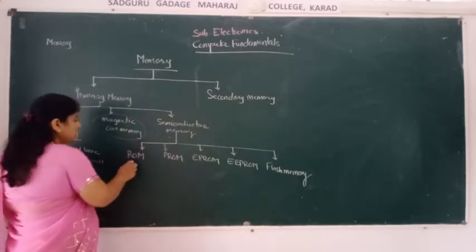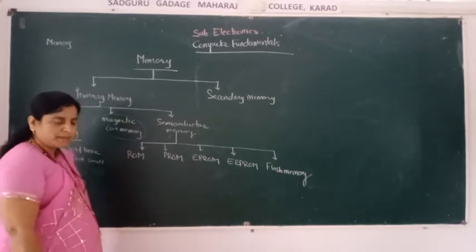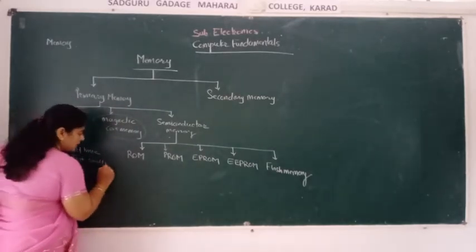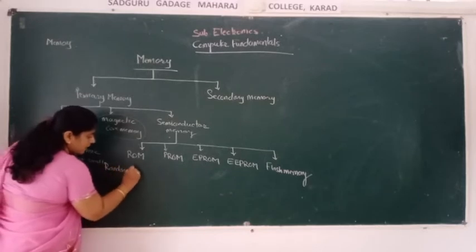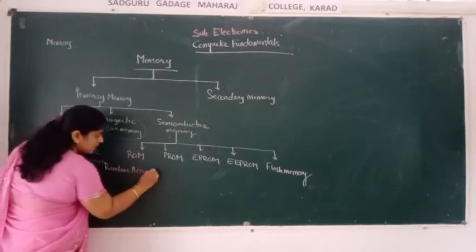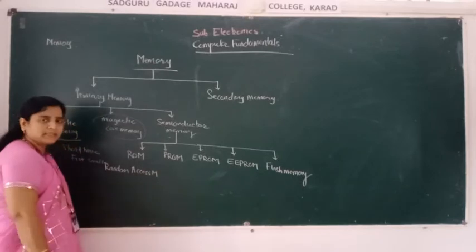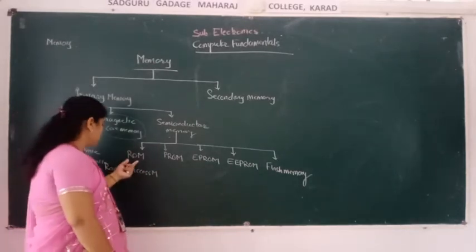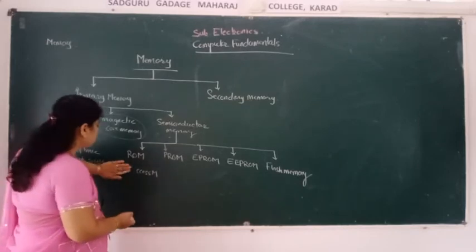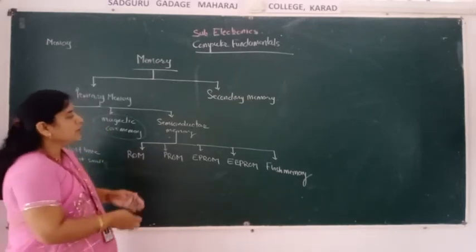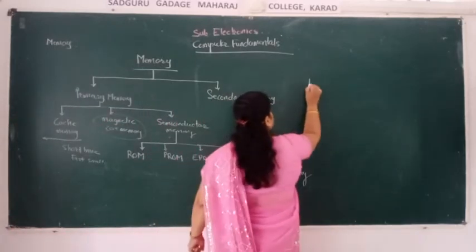What is ROM? This is the random access memory. ROM means, sorry, read-only memory. One more memory is there, that is the RAM.